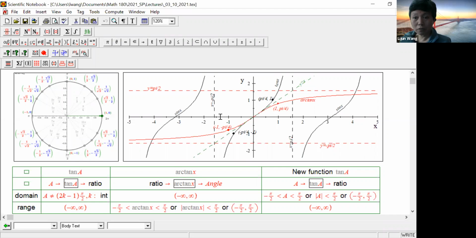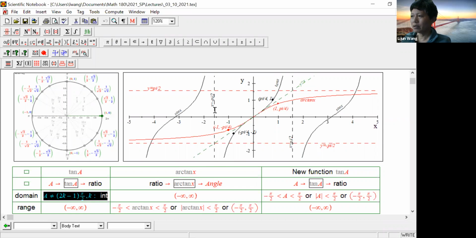There's a lot of details out here. These ratios, of course, are the tangent ratio. It takes angles, but not any angles. That's the domain. The numbers not in the domain are marked by these vertical asymptotes. What are the line equations of those vertical asymptotes?